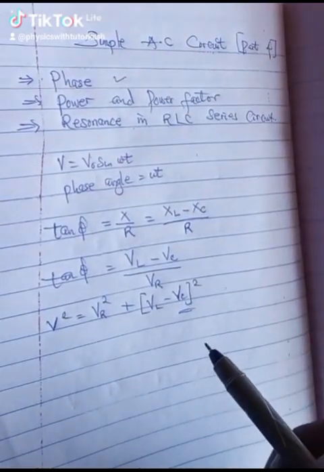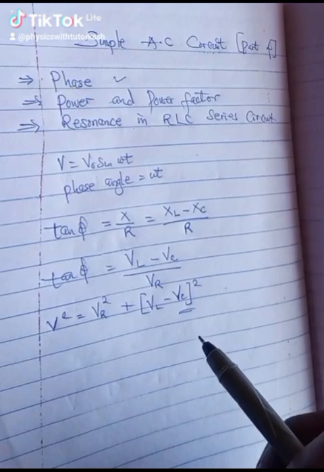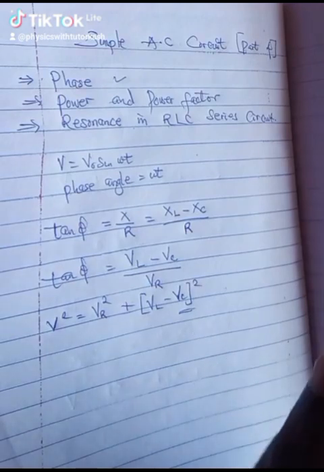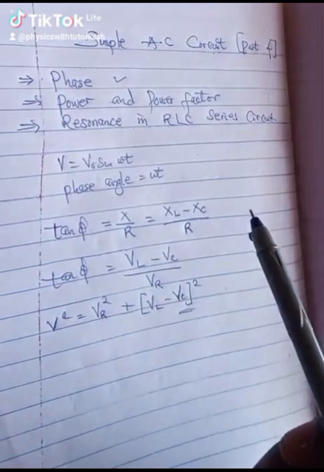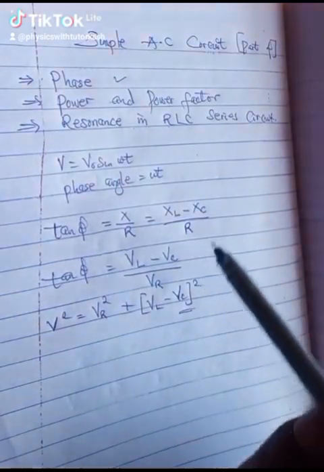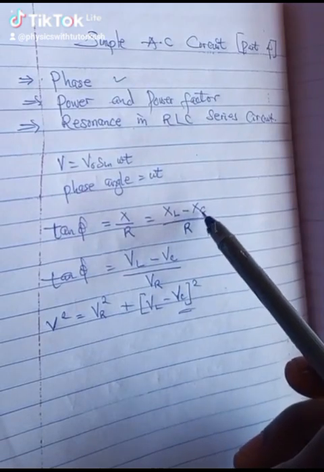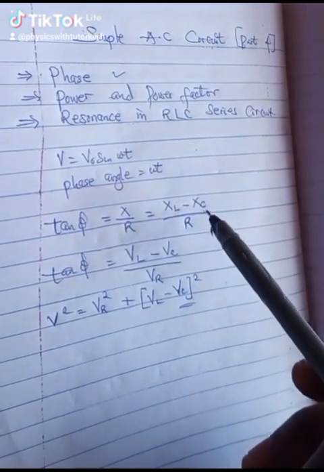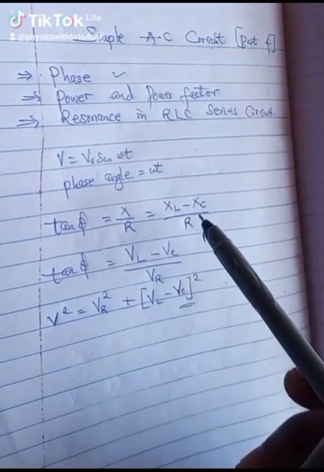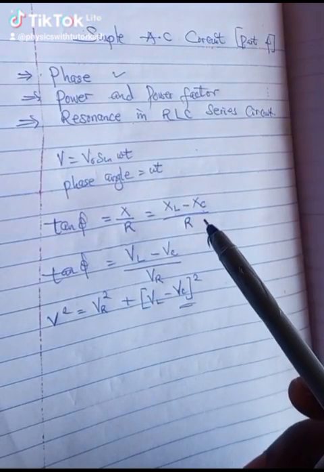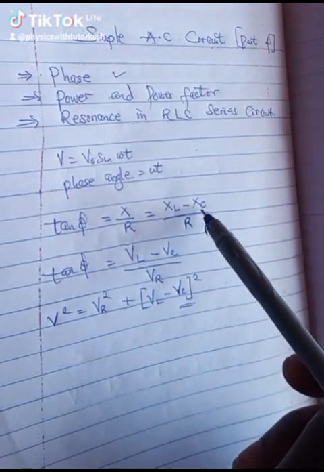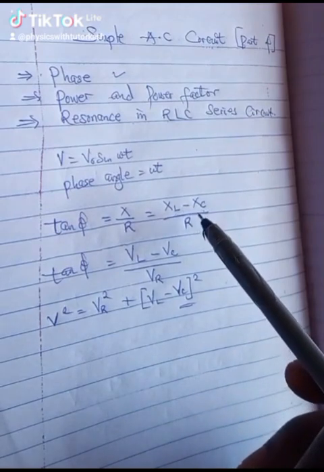Now let's quickly go to power. Yes, before moving to power, please note that you can say XC minus XL. It strictly depends on which one is greater. It cannot be negative; you must not have negative. If you subtract and you're having negative, it means that what?